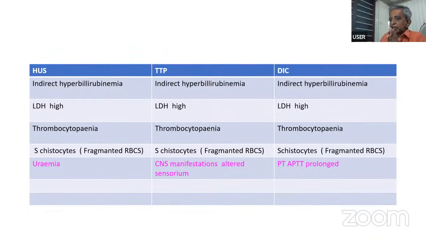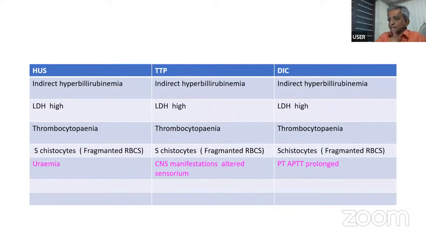You should know that there is a spectrum, HUS at one end and TTP at the other end, and there can be overlap between the two. So it is the HUS-TTP constellation syndrome. It may be a combination of either of them, an overlap with both components. So with CNS manifestation predominating it is TTP, whereas in HUS it is uremia predominating.